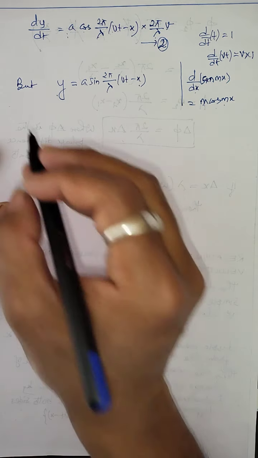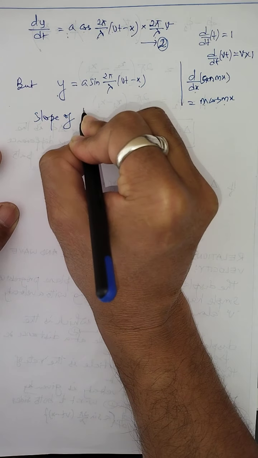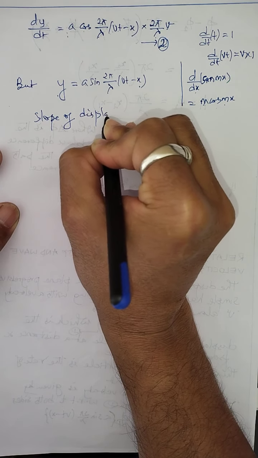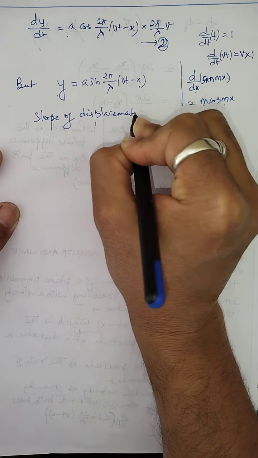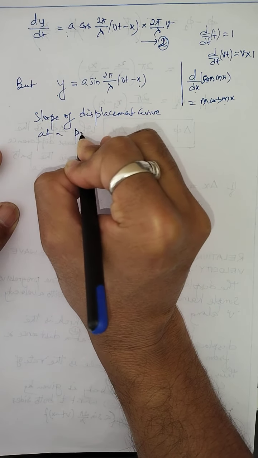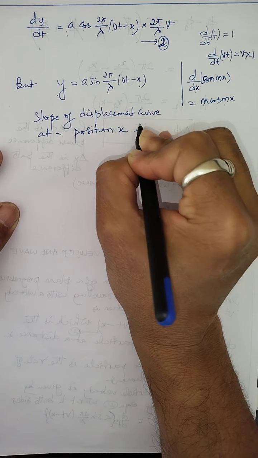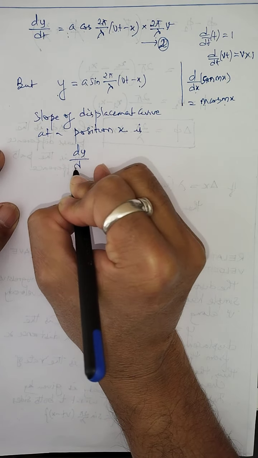So the slope of the displacement curve at a position x is also given by dy by dx.